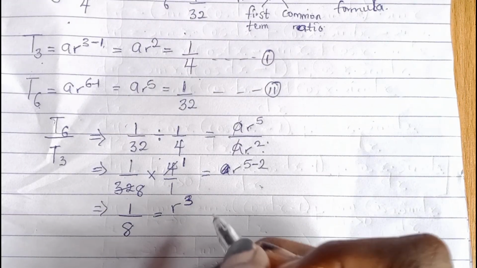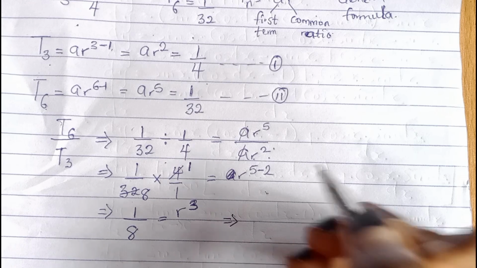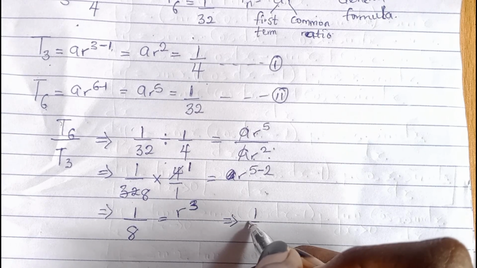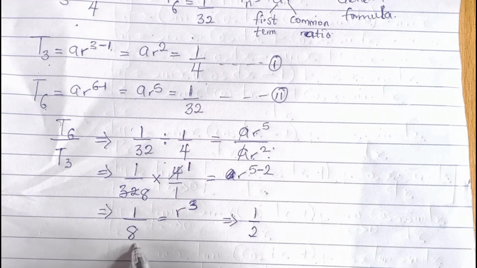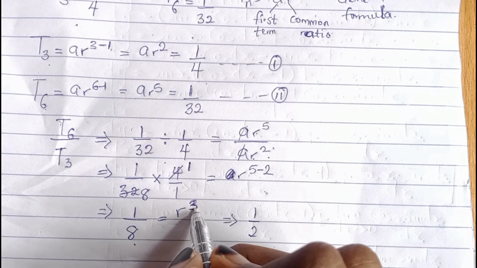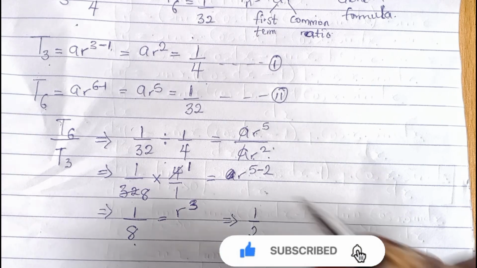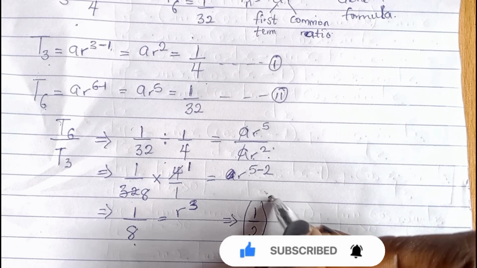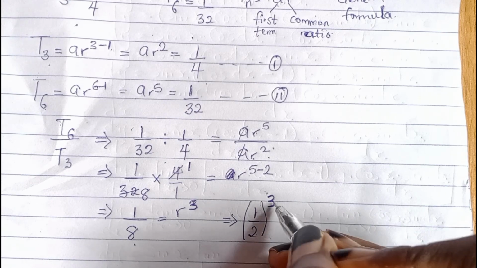Now I want to express this so as to have the power of 3, so it's easy for us to cancel out the power of 3 and get our R. So 1/8 can also be written as 1/2 raised to power 3, because 1 raised to power 3 is 1 and 2 raised to power 3 is 8.